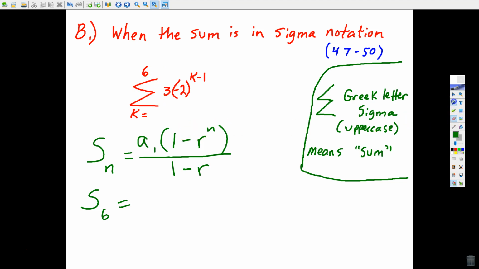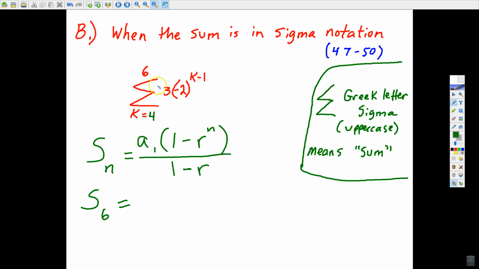When this bottom number changes, let's say you were given this where k equals 4. Well, now, instead of saying there's 6 terms in this list, actually there's not. I would say 6 minus 4, which is 2, plus 1. There's actually 3 terms being added up according to the way it's written now.